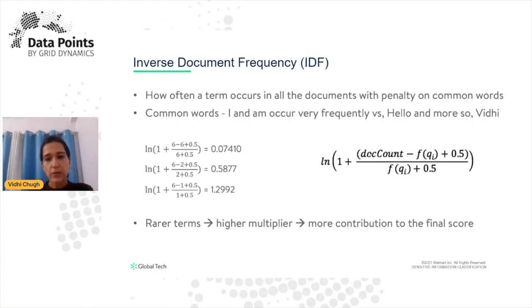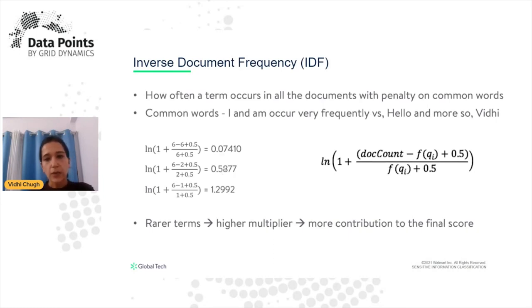So when we do this calculation, we just need these two as an input. My corpus is of 6 documents, a very small one, and when I look for "I" and "am", 6 out of 6 documents are having it. So the whole calculation gives me a score which puts a penalty, saying that "I" and "am" don't really contribute. It's not acting as a good signal for me.